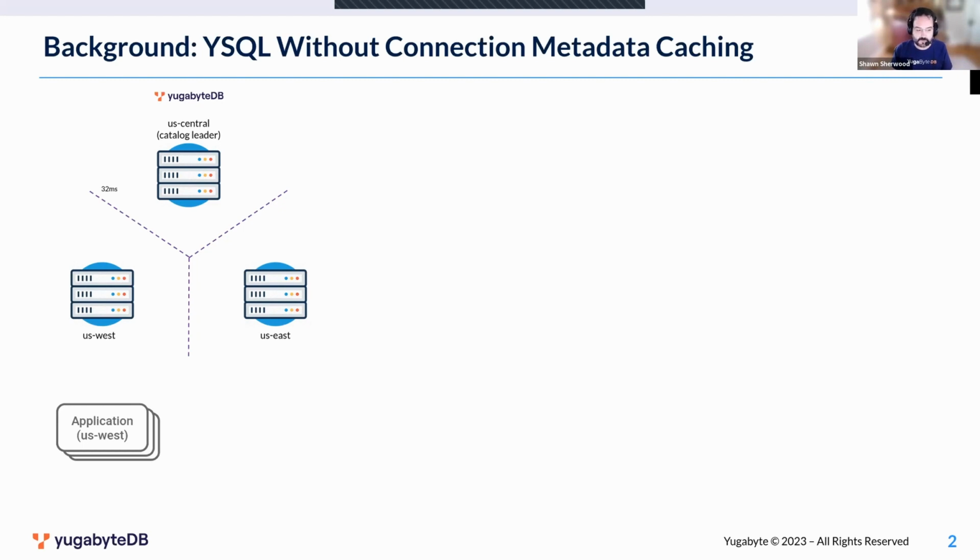I'll have an application pool that connects specifically to the West nodes, but my data and my Postgres catalog leader, all of the leaders, are going to be in Central. And there is a measurable latency between these two regions, say 32 milliseconds.